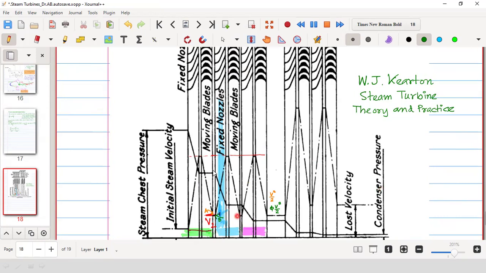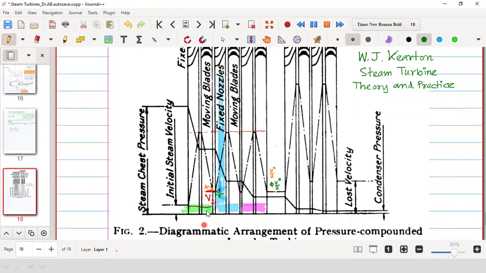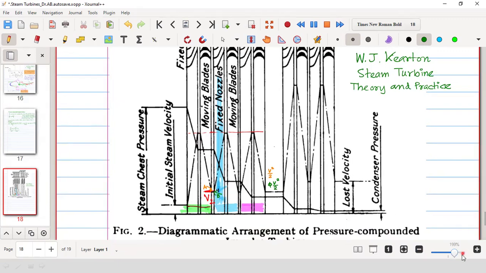Okay, so as you can see, consider two stages. As I was telling, say stage one is colored light green, and stage two is colored light blue. When the steam is leaving stage one and going to stage two, it is expected that it will go with the same velocity, as you can see there is no change in velocity here.